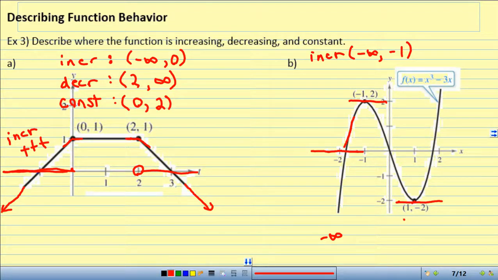And that slope is 0. That means at these maxes and minimums, my slope is 0. I have a constant. So it's increasing from negative infinity to -1. It's decreasing.